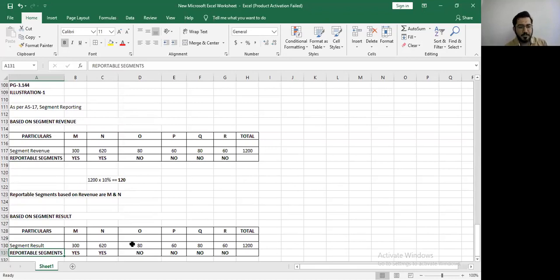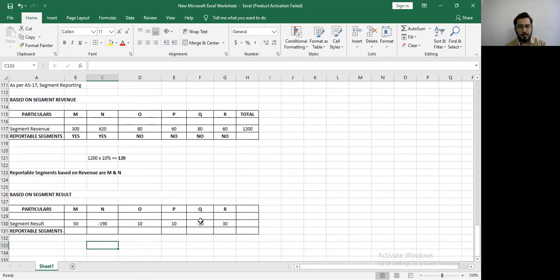Let's go to segment result. Your segment result is 50 profit, minus 190 is your loss, 10, 10, minus 10 and 30. You do not need the total over here, so we remove that. Let's find out segments in profit.